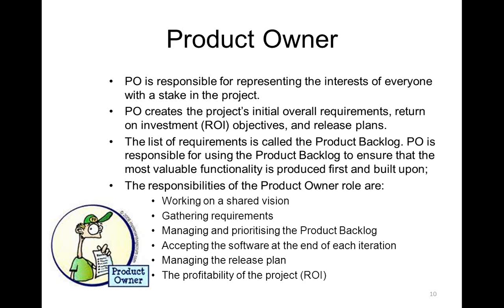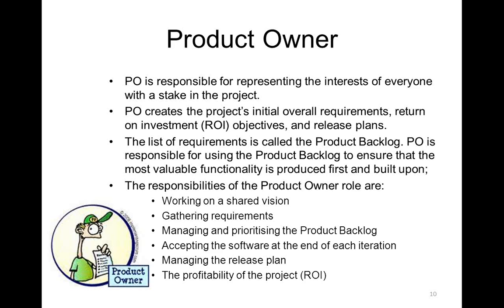Now, the product backlog will be a long list of requirements. It could be very long also. So the product owner prioritizes that list, or orders that list, into chunks of requirements which get delivered one after the other. Depending on the value, their interdependence, and their priority, he prepares a release plan: so many of these requirements will come in the first release, these requirements in the second release, the third release, like that.